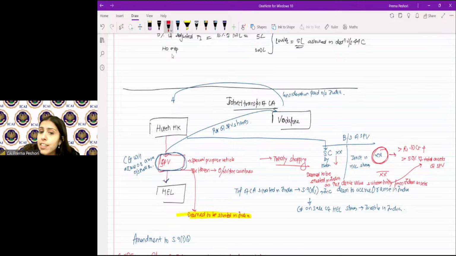So basically, the share of this SPV is deriving the value from this investment. So as this company will grow, the shares of this company will grow. Isn't it?